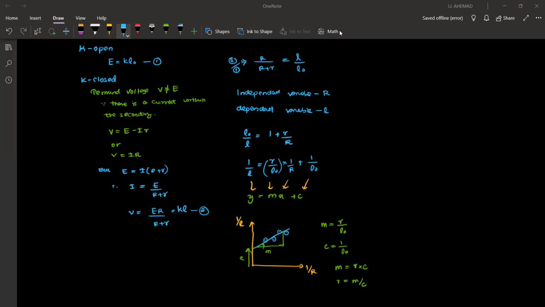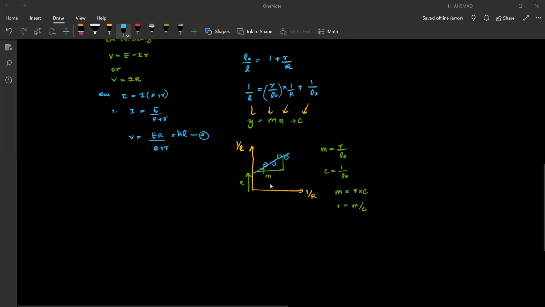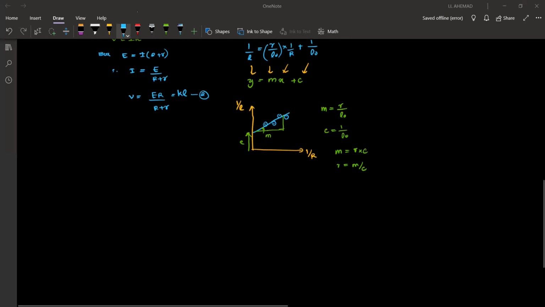Okay, so let's write down below. To plot this graph, we have to vary R, right? How to vary R?